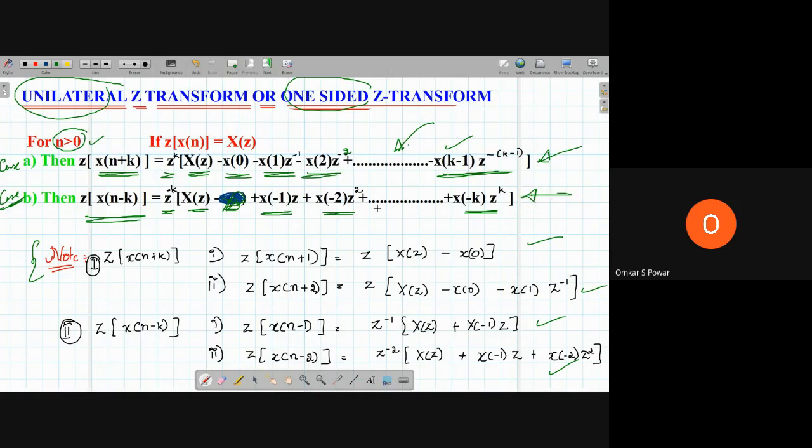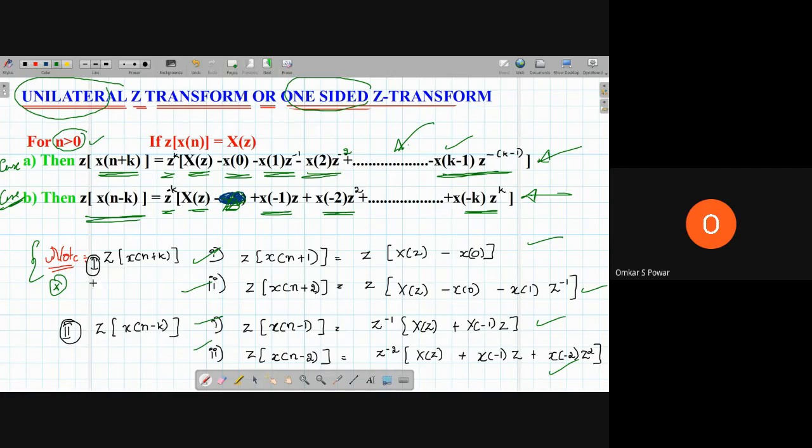But what you have to remember for solving these problems is these four things. These four things are very important in order to solve this difference equation, so I request you to keep this in mind. Why have I written these two formulas? Because we have to get the z transform of x of n plus 1 and z transform of x of n plus 2. Similarly, z transform of x of n minus 1 and z transform of x of n minus 2.